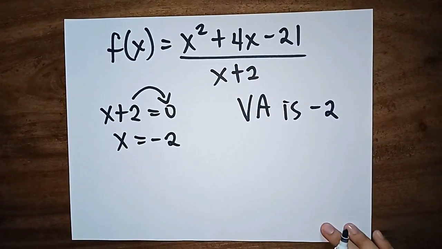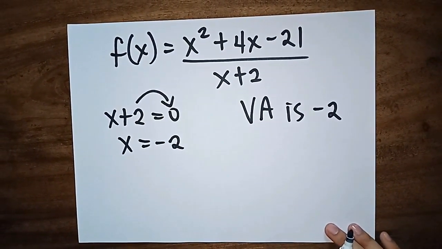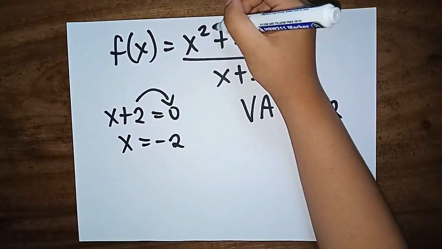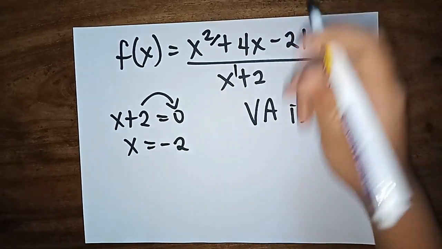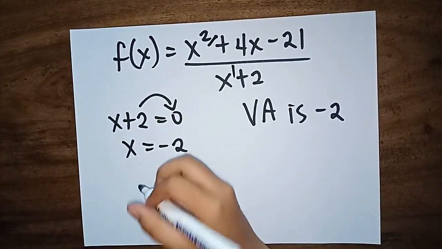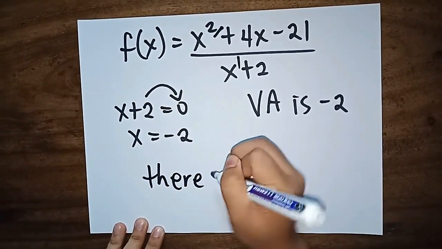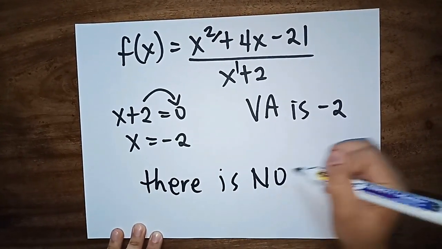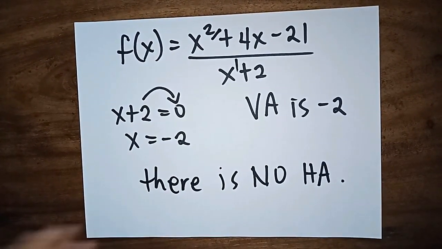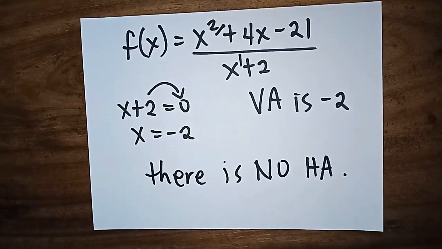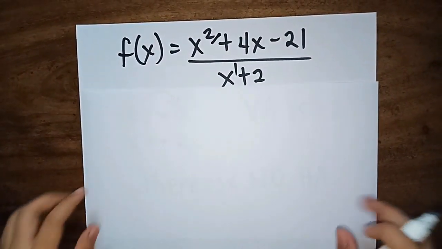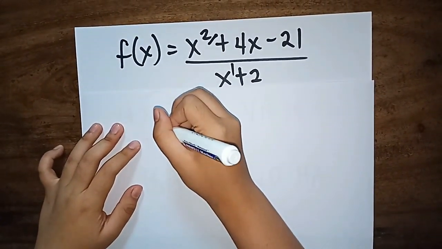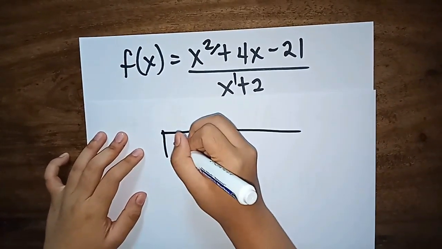How about our horizontal asymptote? Notice that the degree of the numerator is greater than the degree of the denominator. It means that there is no horizontal asymptote, but we do have an oblique asymptote. How can we find the oblique asymptote? We will use long division.